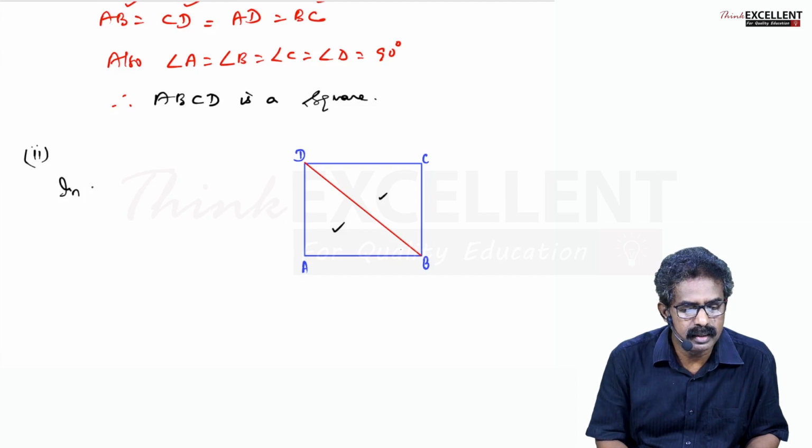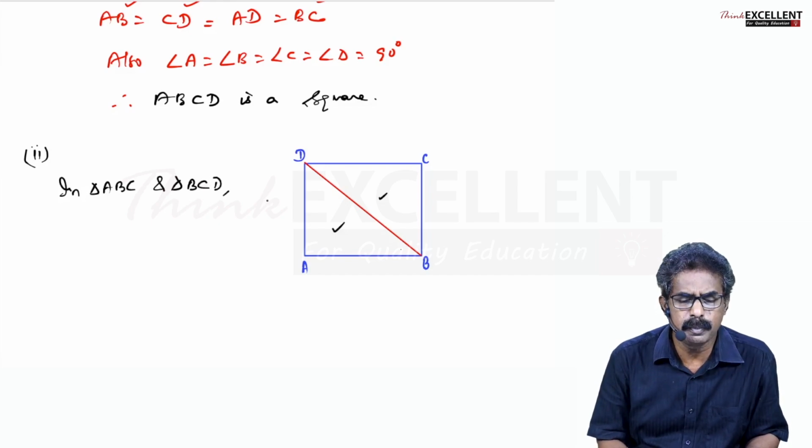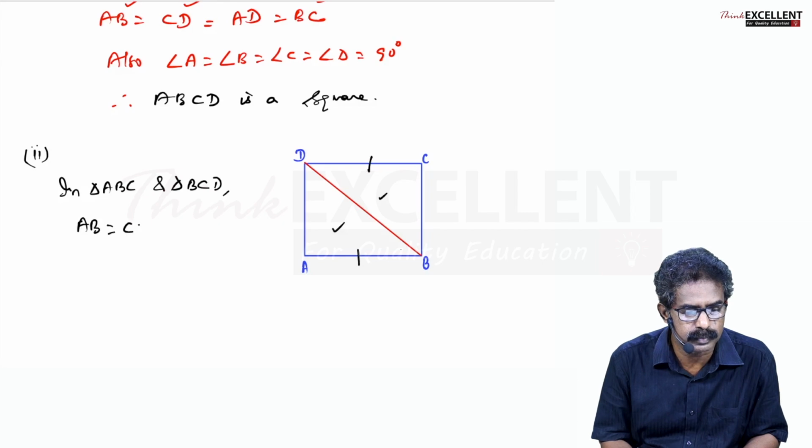In triangle ABC and triangle BCD, we are going to prove that the two triangles are congruent. It is a square, so AB equals CD, and AD equals BC. Of course, all four sides are equal.